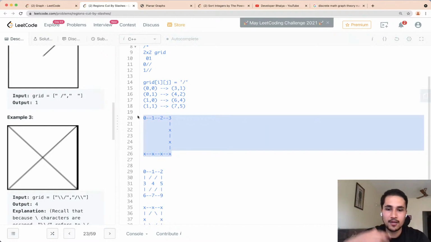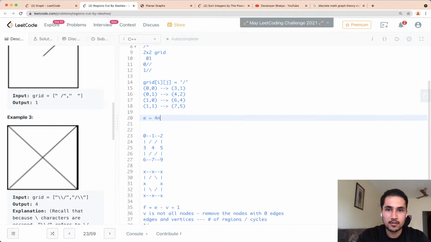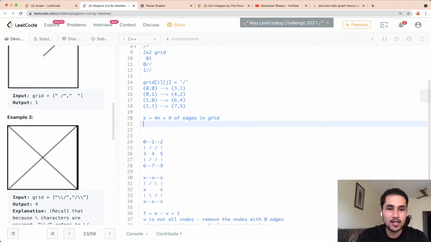So that's why E is always 4n, where n is the size of grid, plus the number of edges in grid. So that depends on how many forward and backward slashes you have. That's also easy to calculate. V is basically, initially we were having, for an n cross n grid, n plus 1 into n plus 1, right? These many nodes, but we have to minus the number of nodes with 0 incoming edges.